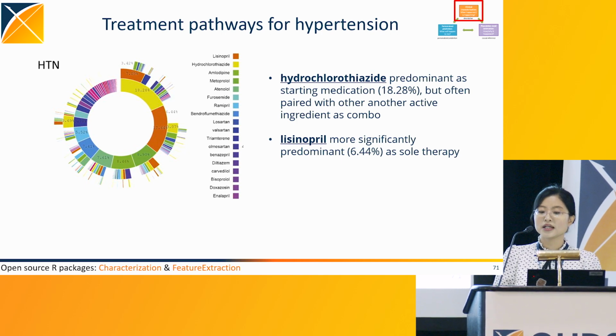So notably, I think Erica actually already mentioned this, hydrochlorothiazide is the predominant drug as the starting option, but it's often paired with another active ingredient in terms of combo therapy. On the other hand, lisinopril is the more significantly predominant drug option as monotherapy.